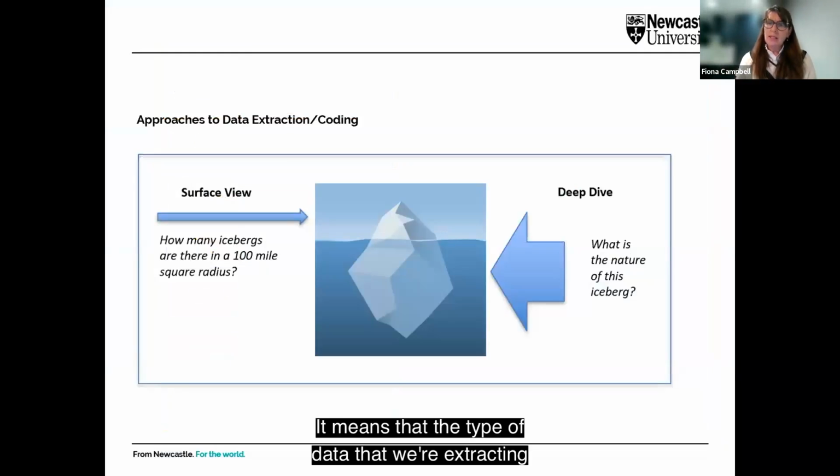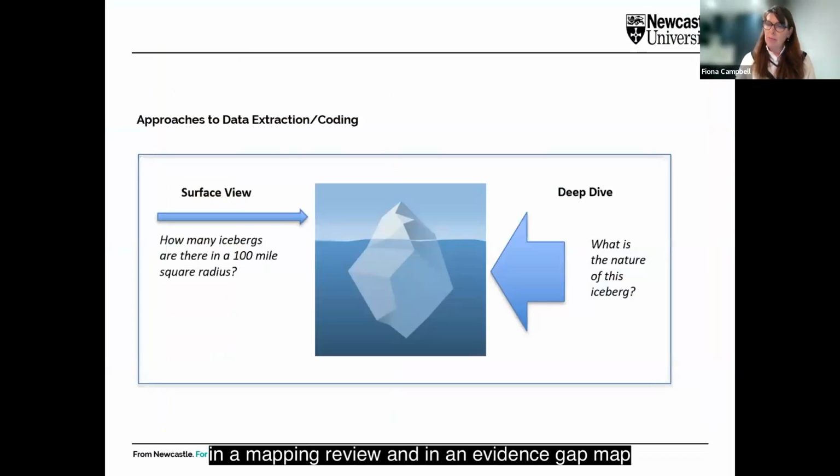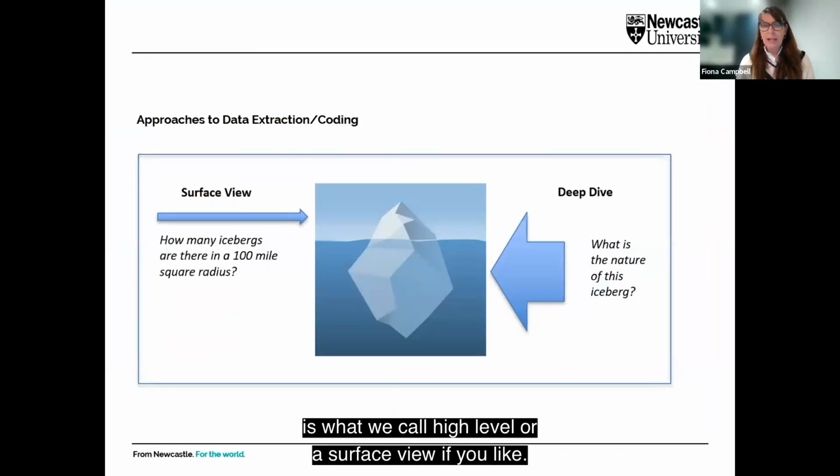It means that the type of data that we're extracting in a mapping review and an evidence gap map is what we call high level, or a surface view, if you like. Whereas in a scoping review, often the type of data may have more depth to it. And of course, this will relate to the scope of the question.